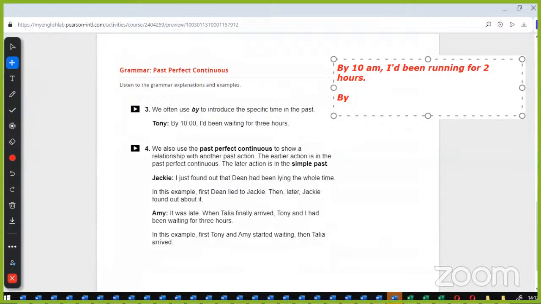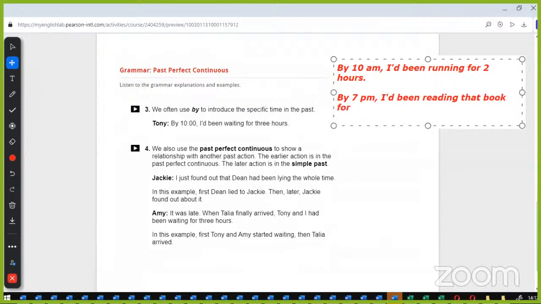By 7 p.m., I'd been reading the book for only like 1 hour.